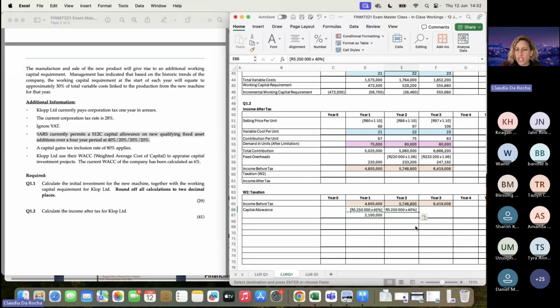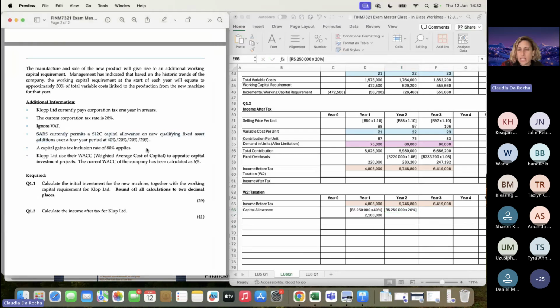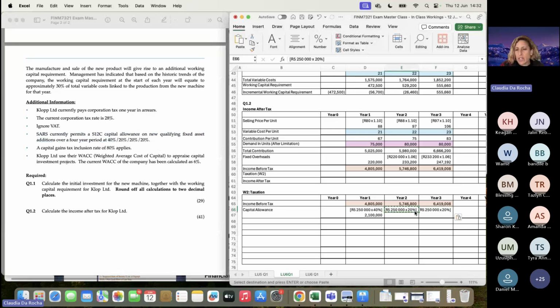Then in the next year, it's the 5,250 times 20%, because they said it's 20% in the next year, and then in the third year. Okay, we don't have a fourth year because this project is only for 3 years, so we don't have to worry about the fourth year's value.